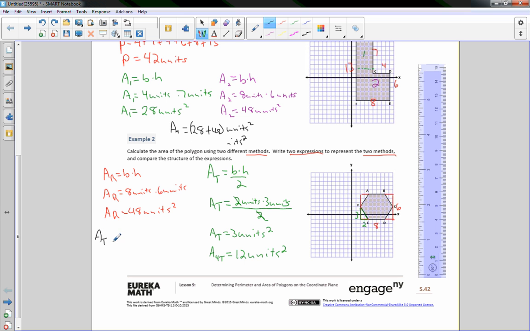My area total minus the area of my 4 triangles is going to equal the area of the hexagon. So the area total was 48 units squared minus 12 units squared is going to be the area of my hexagon. 48 minus 12 is 36 units squared, the area of the hexagon.